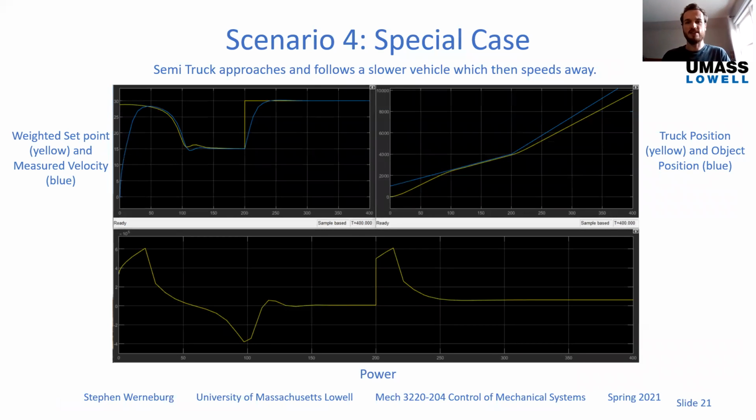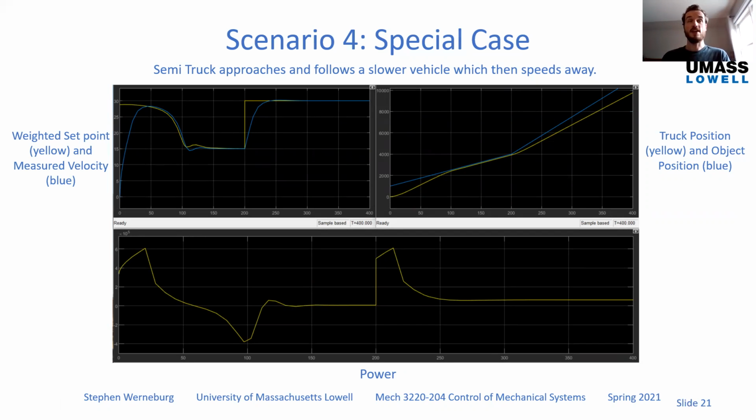And then this last scenario is an important but subtle feature: if the truck pulls up on a slow vehicle and then that vehicle pulls away, the truck won't just follow that vehicle. At first I didn't have this saturation component, which would make the truck do whatever the vehicle in front of it is doing as long as it's close.